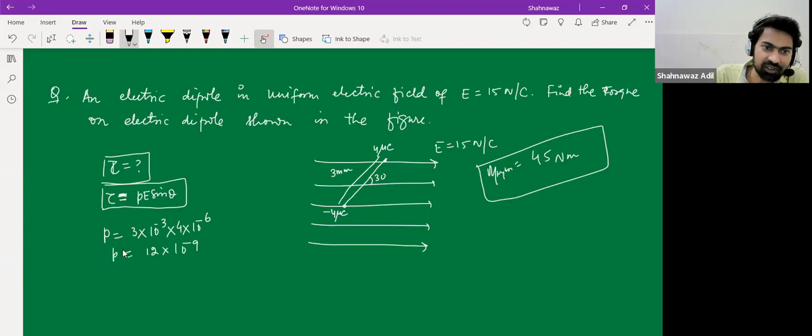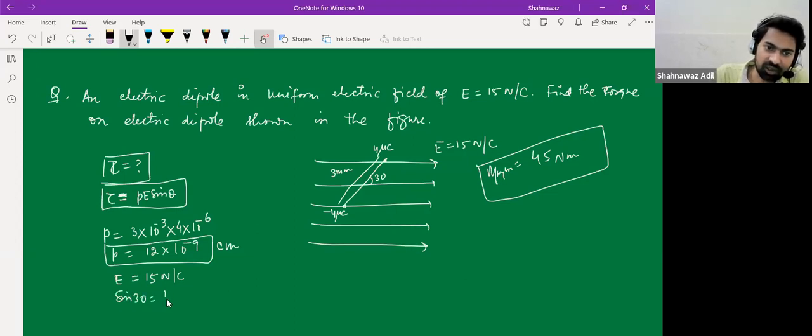This is P. E is 15 Newton per coulomb, and we have sine 30.